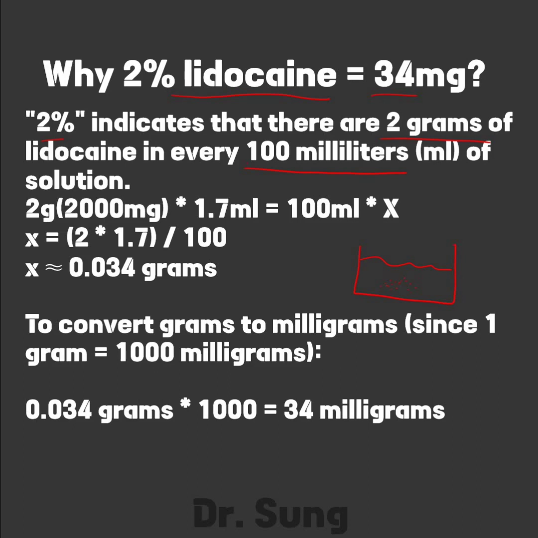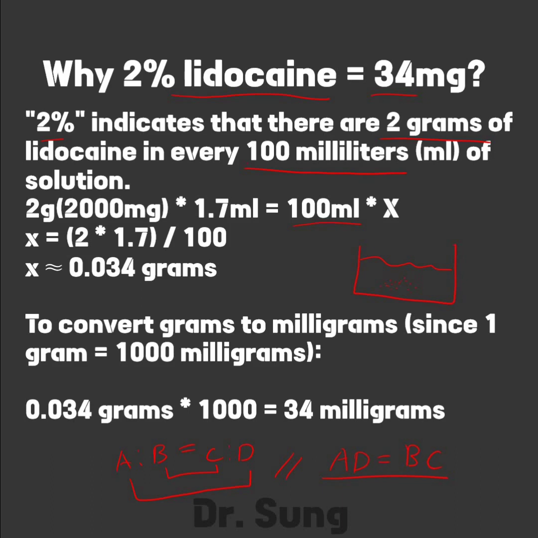You know how to calculate proportion. A over B equals C over D, right? You multiply this and then this, then AD equals BC, right? So in the same way, 2 grams is in 100 milliliters and 1.7 milliliters is X.